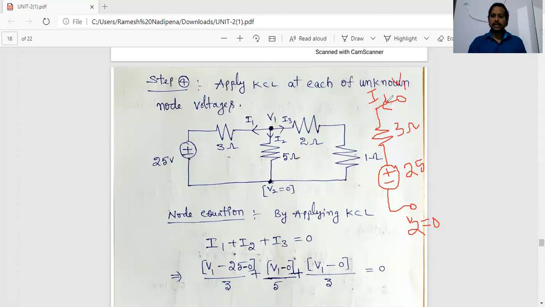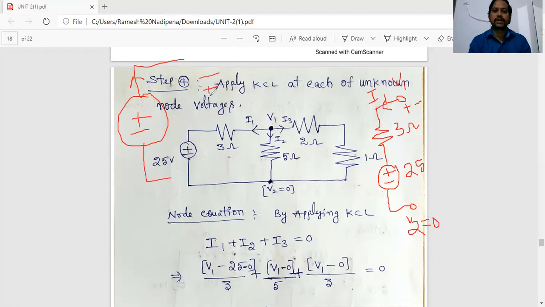Now here, I'll explain clearly. Please observe, my dear friends. Let us mark the polarity at this node. What is the polarity according to the current direction? The reason is, for example, if a voltage source has plus and minus like this, the current flows like this.